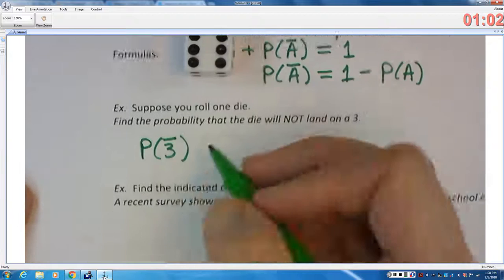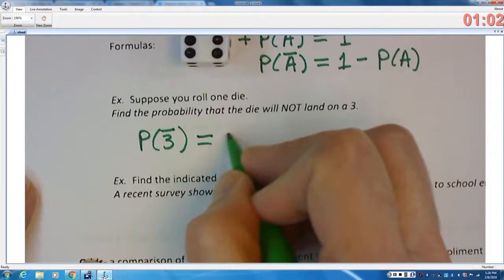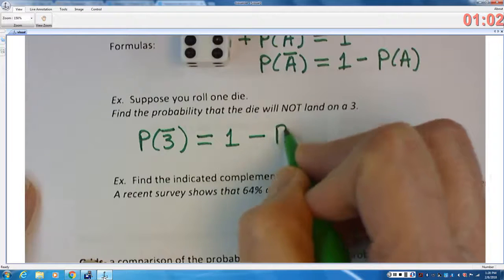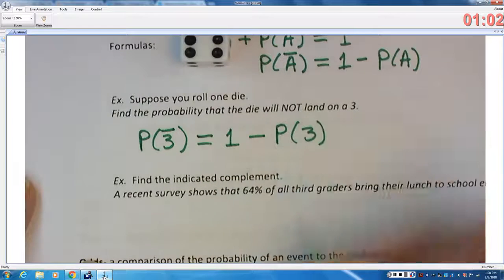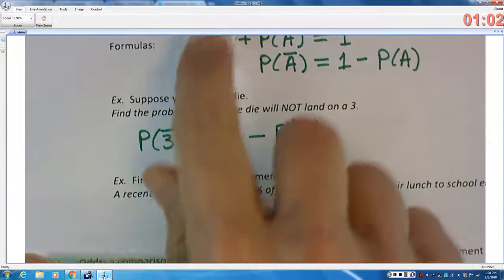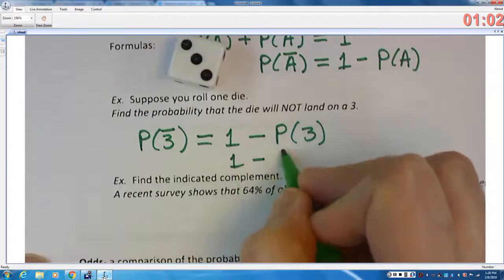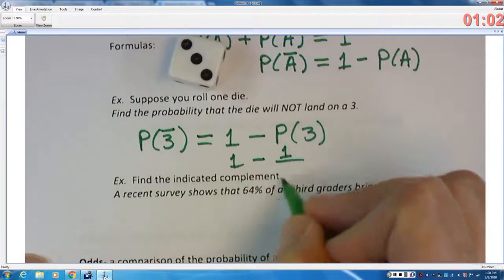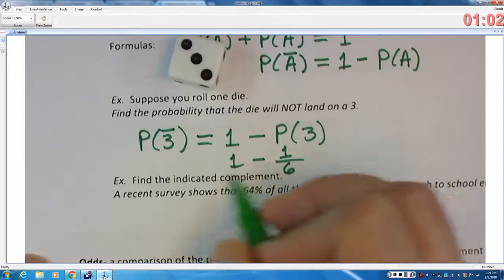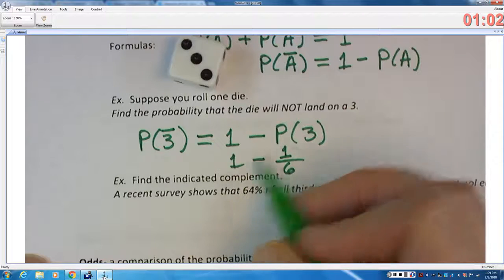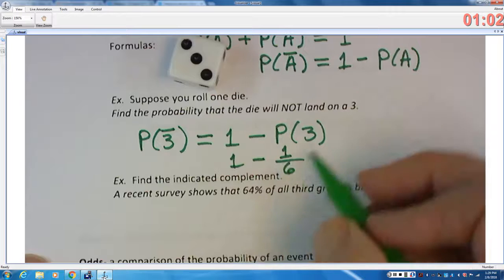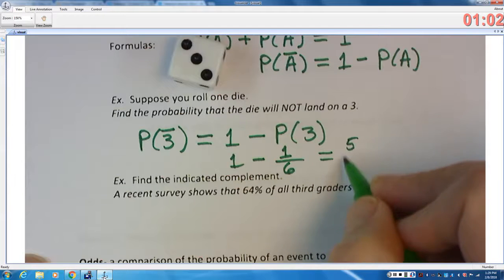One way we can find that is 1 minus the probability of it landing on 3. How many 3s are there on this die? 1. And how many equally likely outcomes? 6. So we can do that in our calculator. 1 minus 1/6 is 5/6.